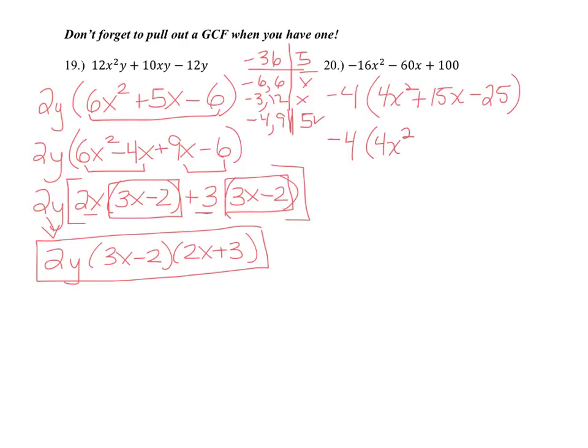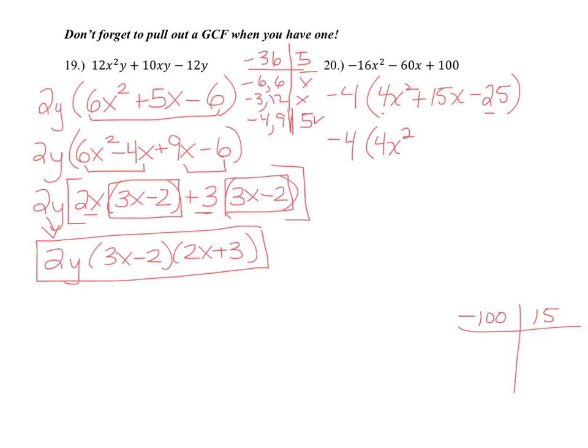So I'm running out of room, so I'm going to do it down here in the corner. I want two things that multiply to give me negative 100, right? Because I'm looking for the product of 4 and negative 25. And then I want two things that add to give me 15. So I'm going to play around with some numbers.